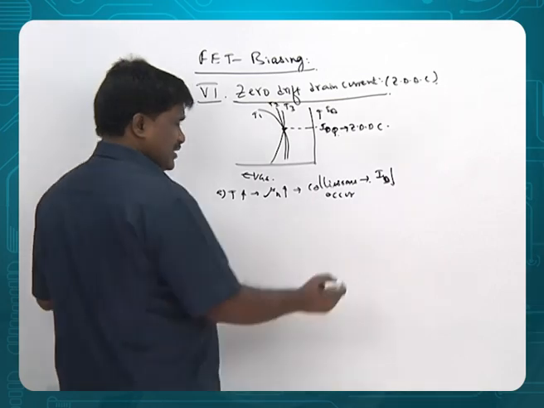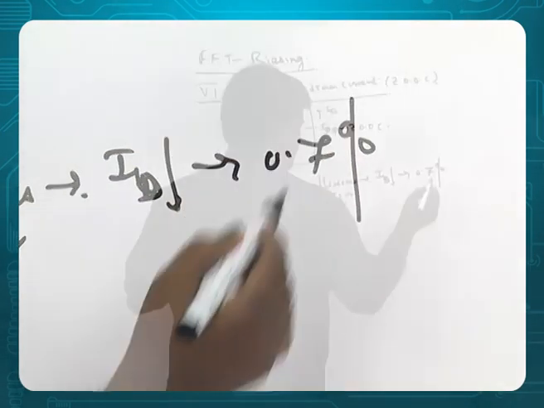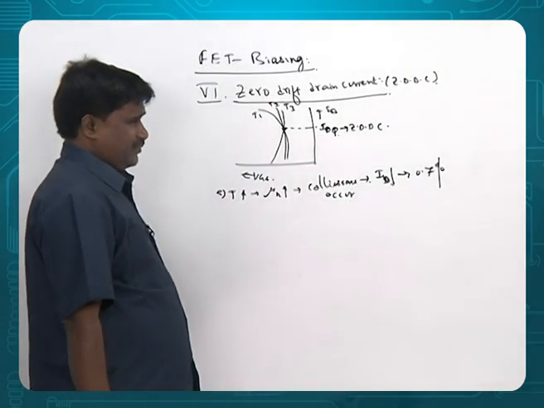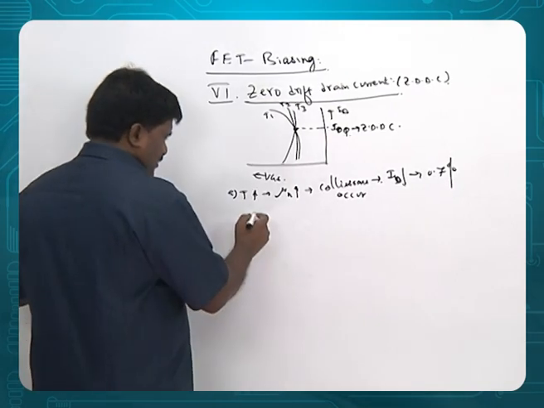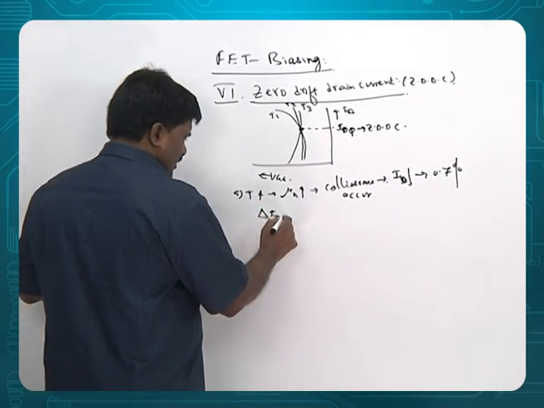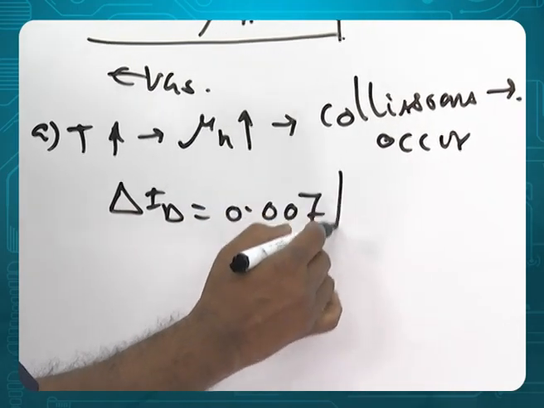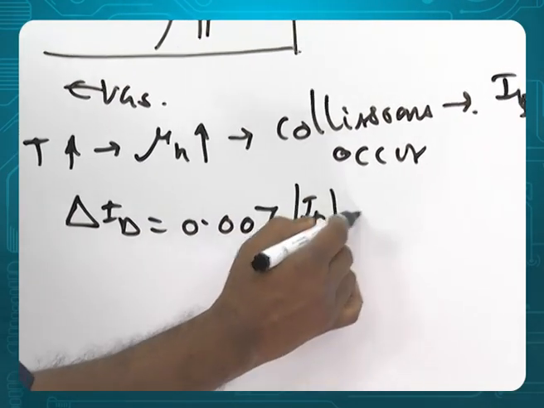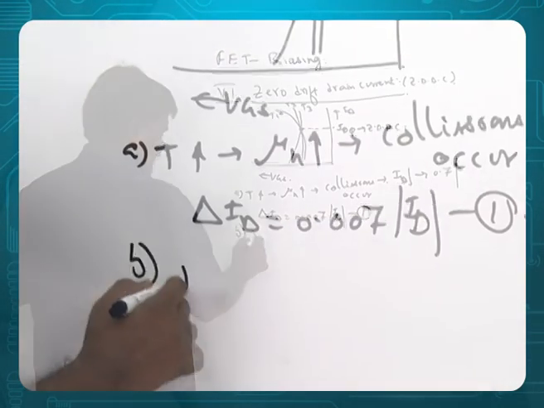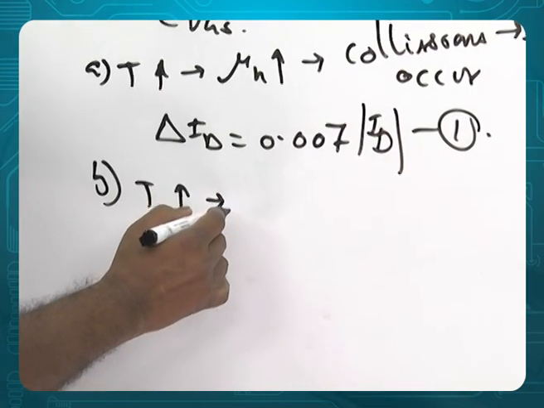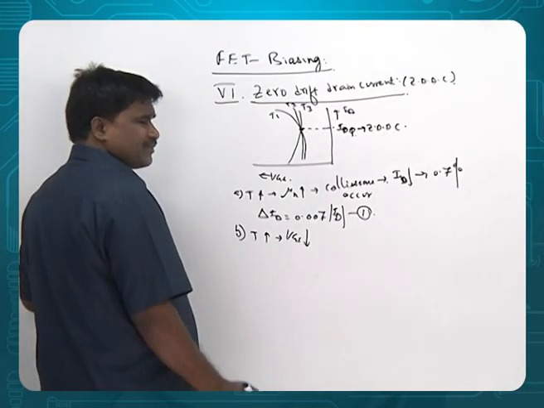How much decreased? This is about a 0.7% decrease. 0.7% means change in ID is 0.007 ID. Call it the first equation. Second, as temperature increases, junction voltage decreases.